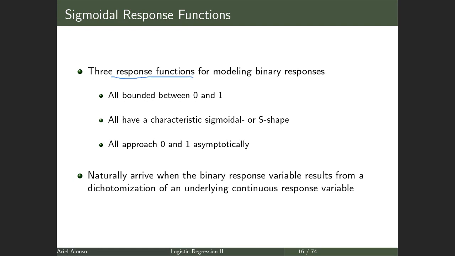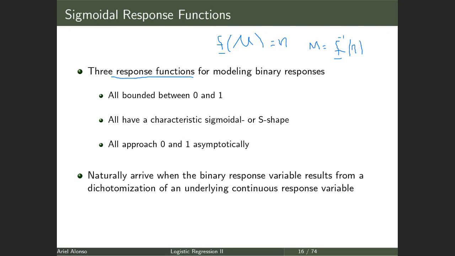Response functions, you remember: if you have that a function of the mean is equal to the linear predictor, which we're going to call eta, that f over here is your link function. When you back transform and get directly the mean as a function of eta, which is the inverse of f, now this is called the response function.